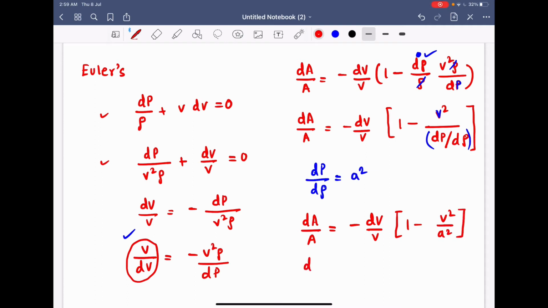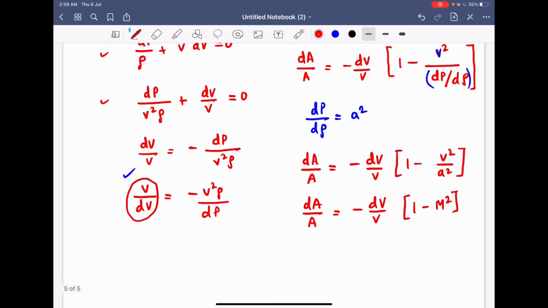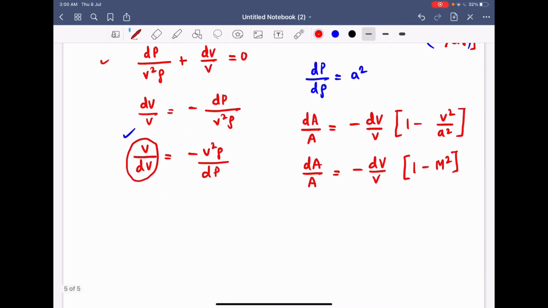So dA by A is equal to minus of dV by V, 1 minus of M square. If I take the minus inside, it is M square minus 1 into dV by V. It's a very good equation.